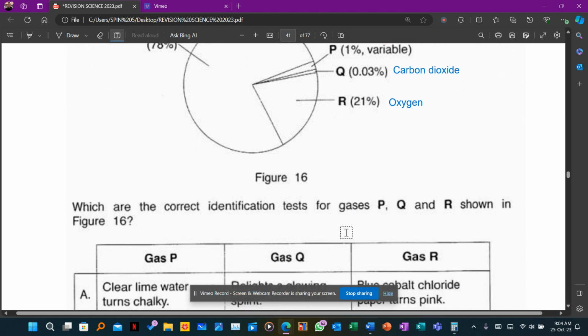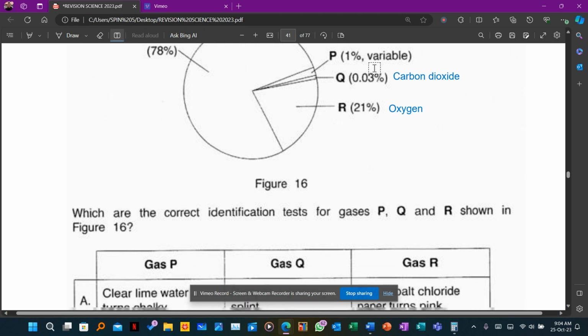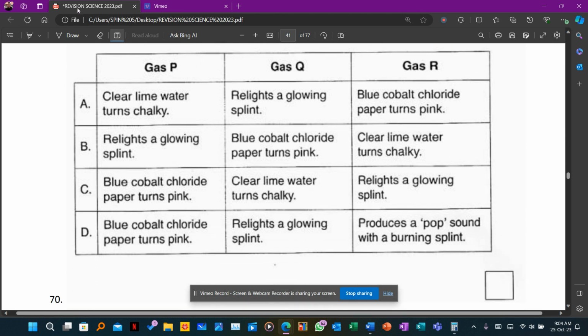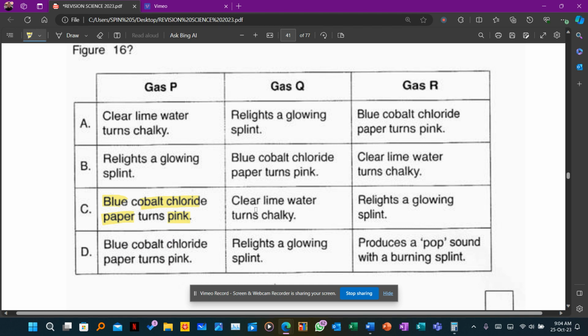Okay, and then they're asking you what is the test for each one. So gas P is water vapor, and to test for water vapor, you use cobalt chloride paper. And remember, I told you blue to pink in this case. Then gas Q is carbon dioxide. When we talk about carbon dioxide, we always use lime water, and the lime water will produce white precipitate.